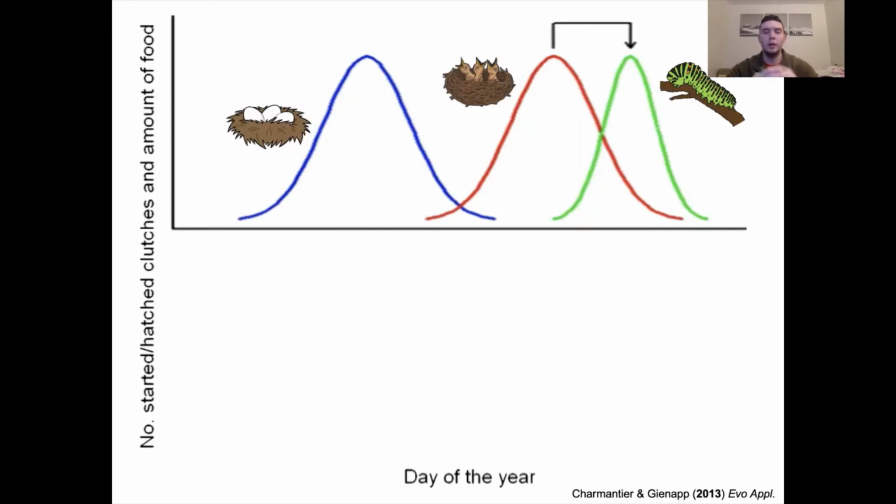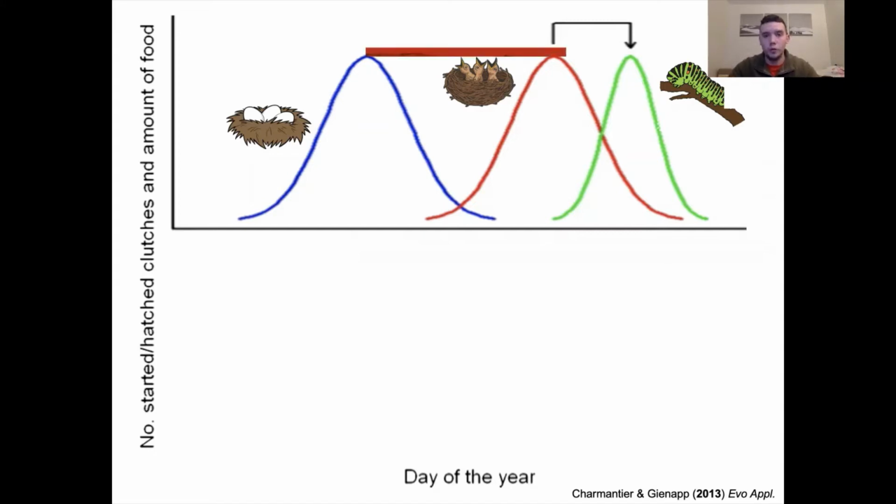Now we know that a lot of these events are timed with things like the length of days or with temperatures. So typically as we get out of winter and into spring, days are getting longer and temperatures are rising. And this allows organisms to judge when they should start getting on with things.